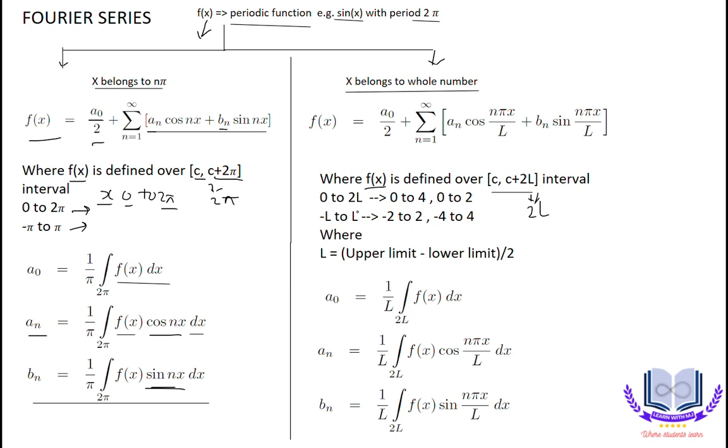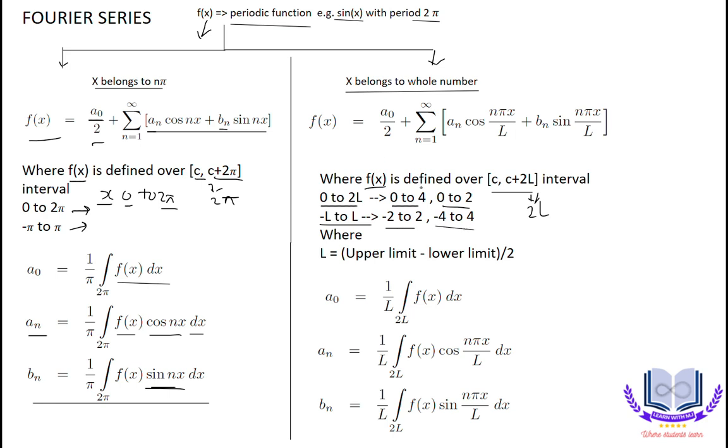So in the question the limit is given in two forms: from 0 to 2l or minus l to l. For 0 to 2l, it would be like 0 to 4, 0 to 2 and something like that. Okay. And for minus l to l, it would be like minus 2 to 2, minus 4 to 4, something like that.